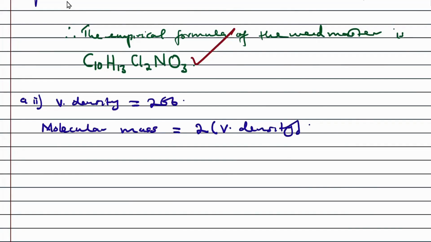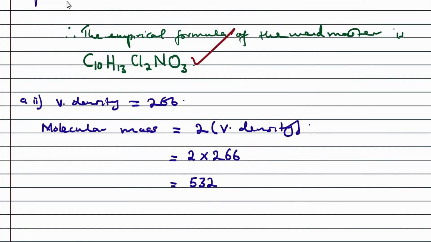So we are going to use this relationship: 2 multiplied by the vapor density, which is 266. As I press the calculator here, I'm getting the value to be 532.